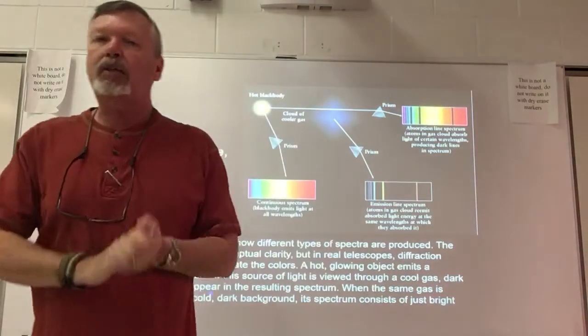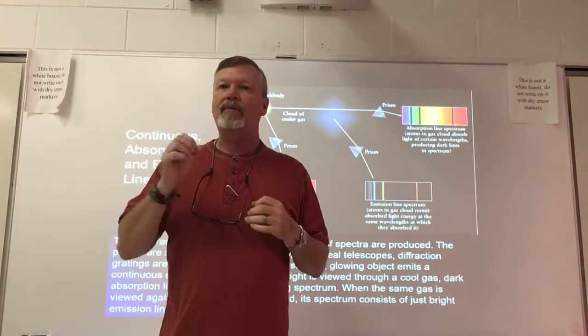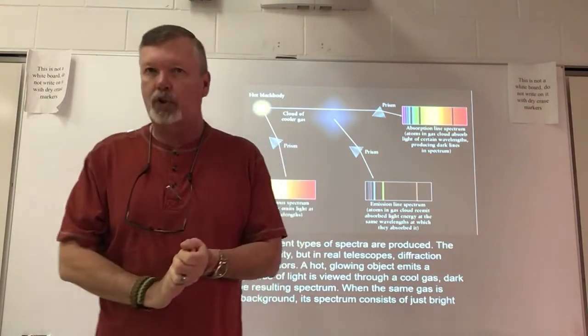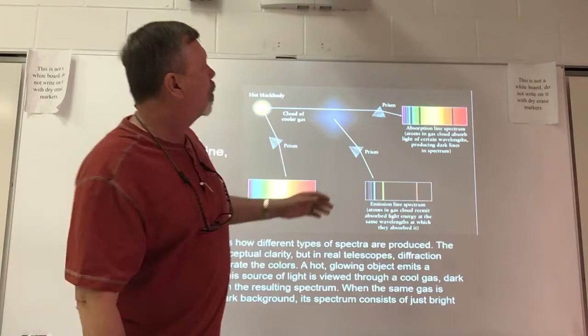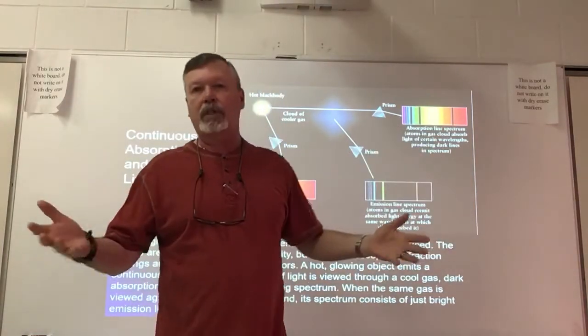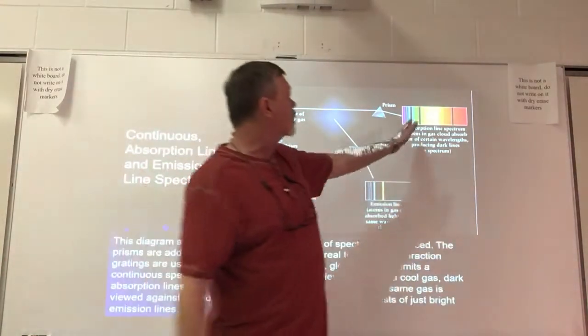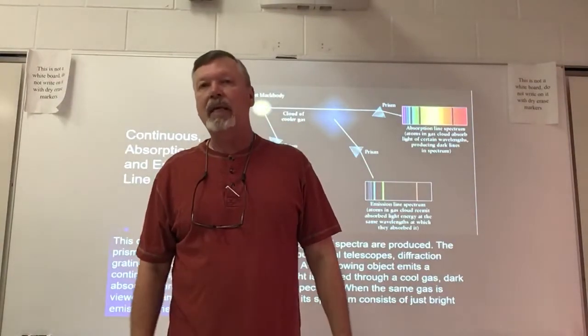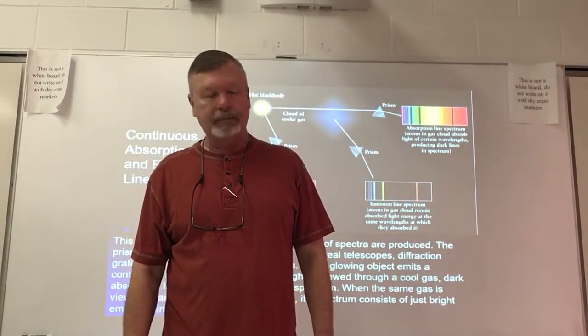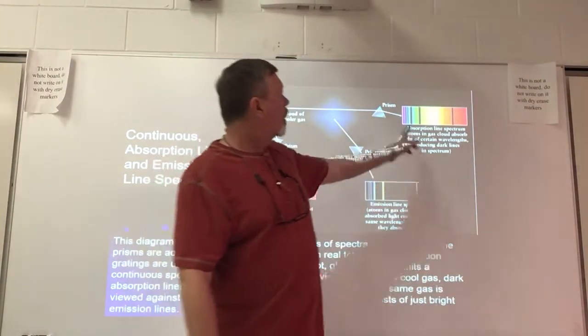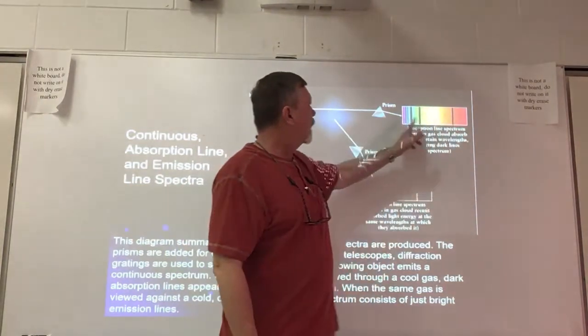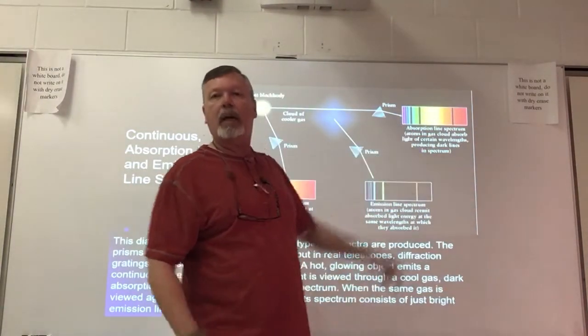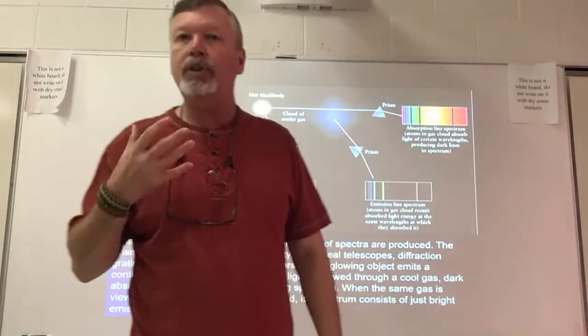And remember what I told you, each element has a very specific spectrum to it, okay? And when I look at this spectrum, and I only know this because I've been doing this for 40 years, that is the hydrogen spectrum, okay? And so those lines and frequencies of light that are missing would be the hydrogen spectrum.